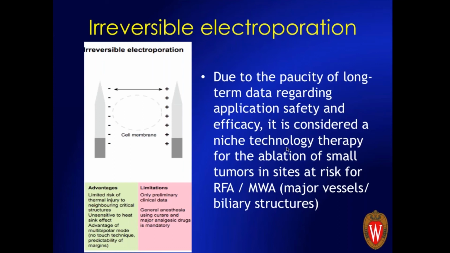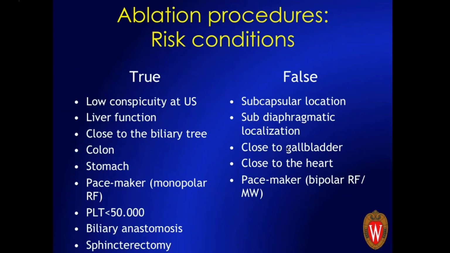The limitations are that we have very few long-term data regarding safety and efficacy, and it is considered a niche technology therapy for small lesions not treatable with radiofrequency or microwave because of the risk structures. General anesthesia is absolutely mandatory, using curare and major analgesic drugs.